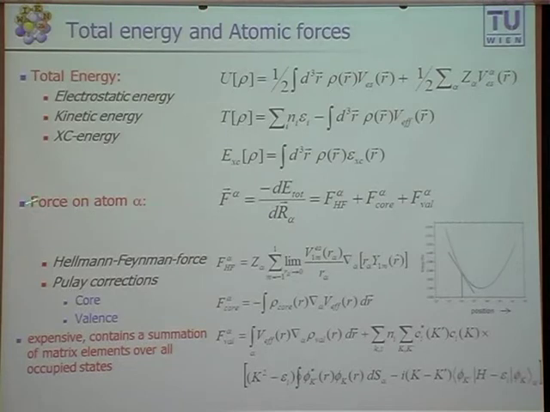The calculation of the forces has this famous Hellman-Feynman force contribution, which comes from the electrostatic potential. The first derivative of this term gives us the electrostatic potential, gives us the Hellman-Feynman force, but because of the incomplete basis set, we also have to do some corrections. Never mind the details of this.